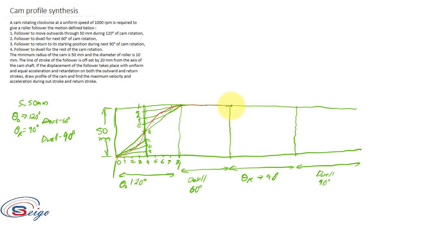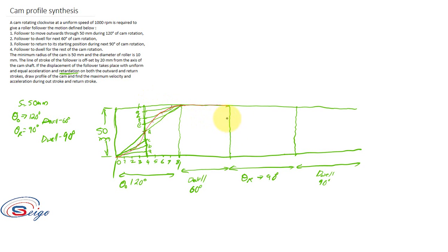Again, after this dwell, in the question it is told that it is having a retardation. So again you have to follow the same procedure for obtaining the curve for uniform retardation.